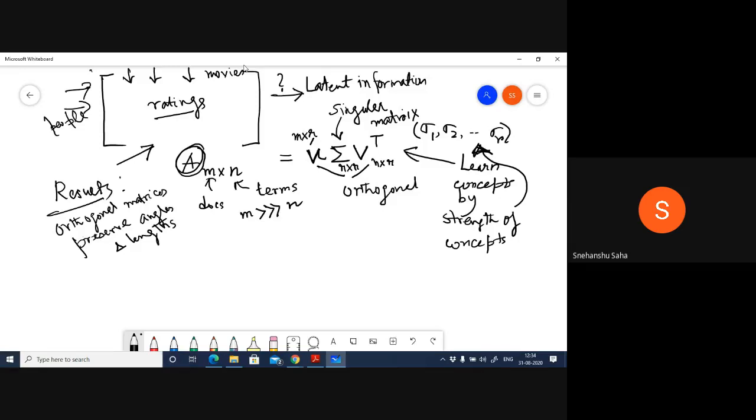An orthogonal linear transformation is a transformation from vector space V to vector space W, and I should be able to define an inner product.